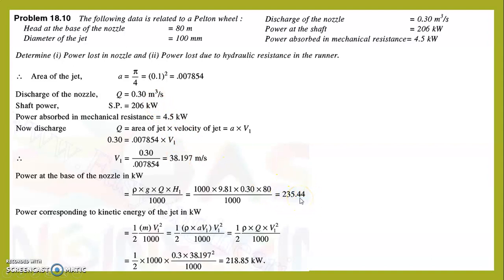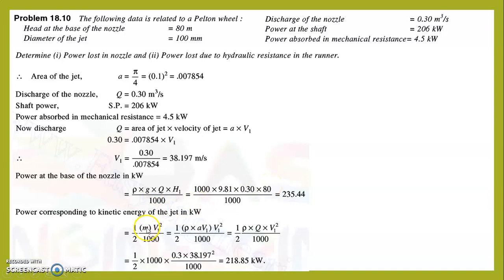For water power we can use two equations, rho g Q H and half m v square. Both should give the same values. By using the equation rho g Q H we obtain 235.44 kilowatt. That is by using the head equal to 80 meter.